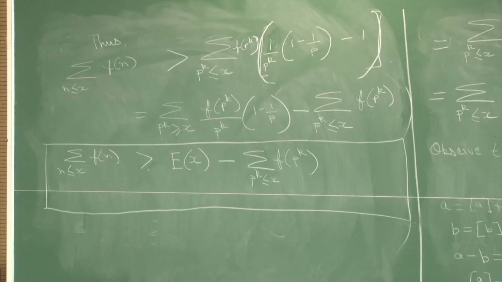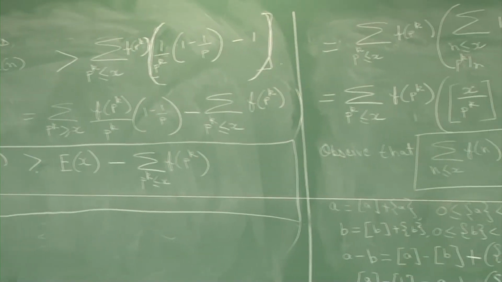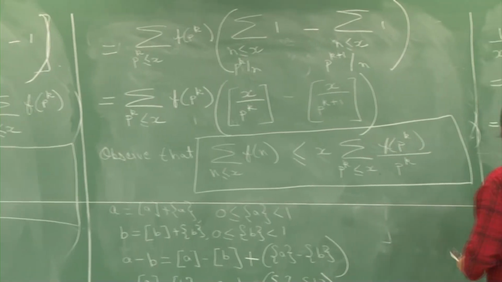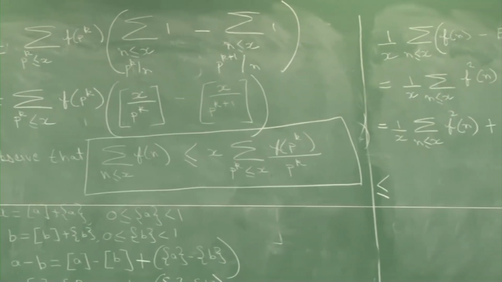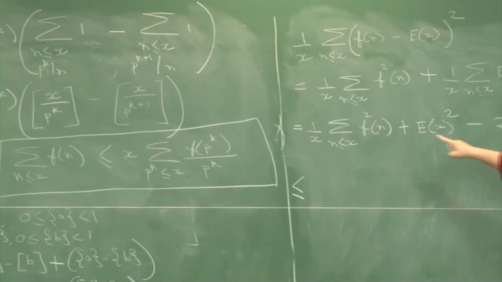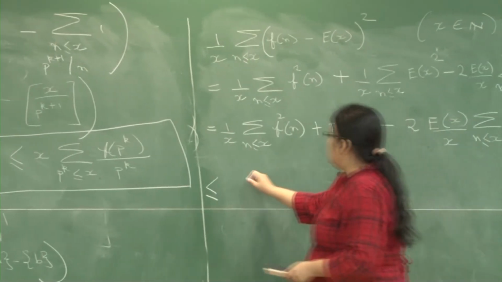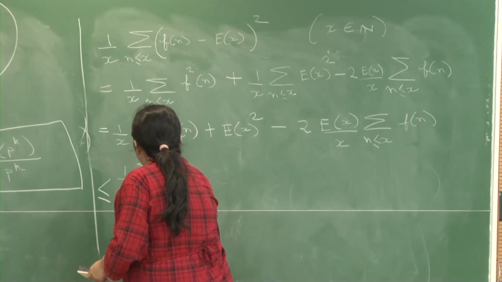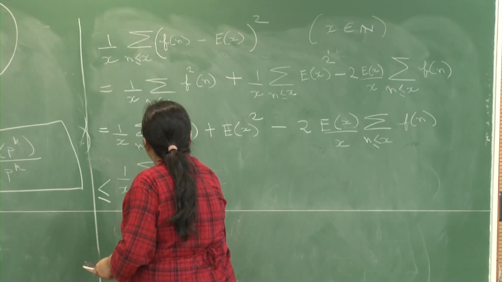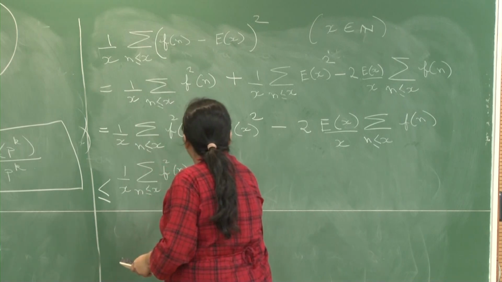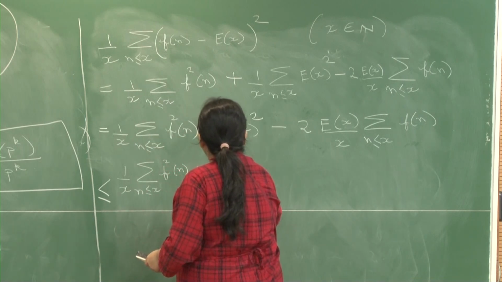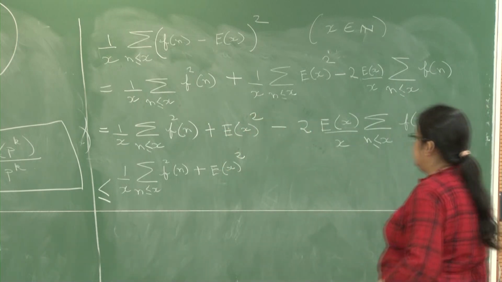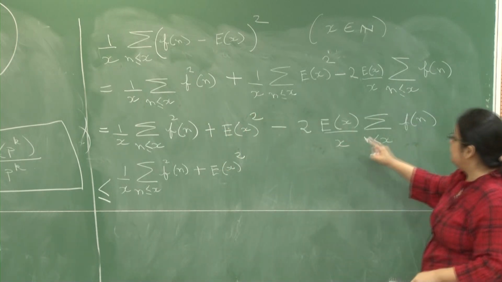Notice over here you have a negative of 2. We are trying to derive an upper bound. So, this is less than or equal to. You leave these intact for now, we will come to them again. So, 1 over x summation n up to x f square of n plus E of x whole square minus 2 E of x over x times this.